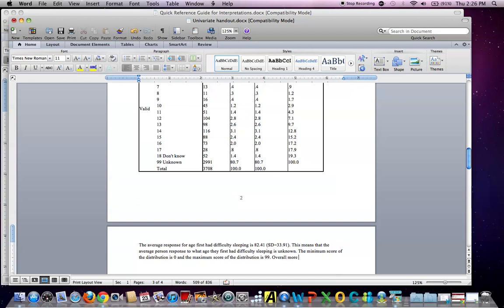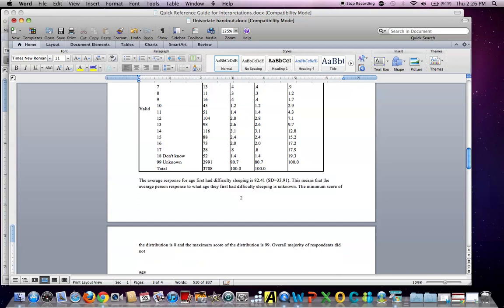More people, the majority of respondents, did not know at what age they first had difficulty sleeping. Okay?